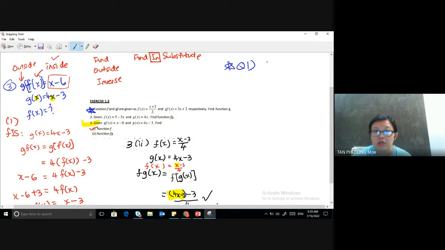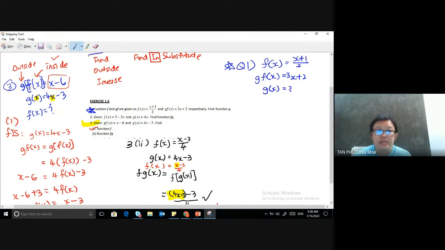I have f(x) equals (x plus 1) over 2, and then I have my gf(x), which is 3x plus 2. Now this one is finding outside, because they want you to find what your g(x) is.